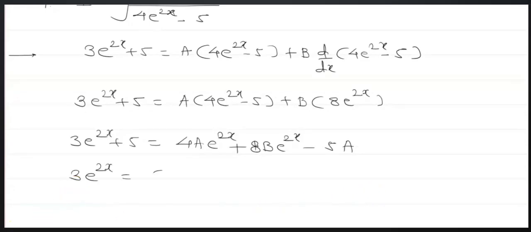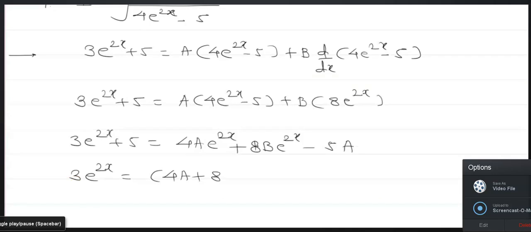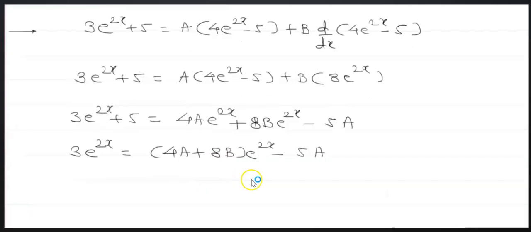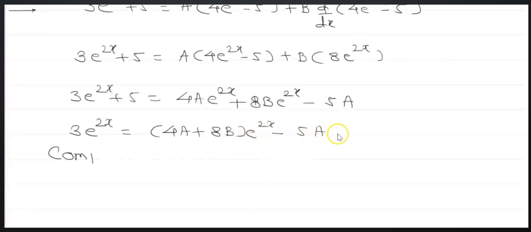Therefore, here is 3 e raised to 2x plus 5 equal to, in bracket, 4a plus 8b into e raised to 2x minus 5a. Forgot to write plus 5 here.